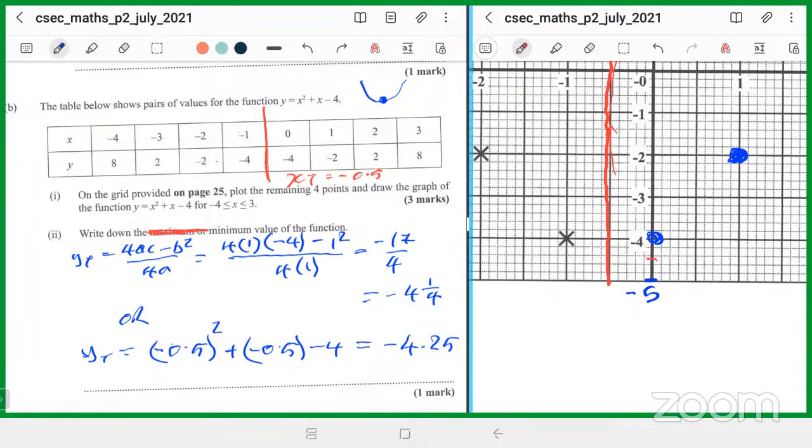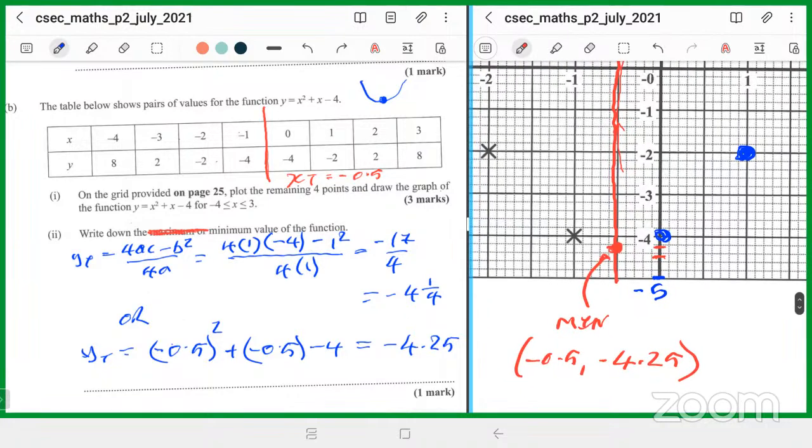Right here is -4.5. So right here is -4¼ around here. So I'm going to mark that. So this point is my minimum point, which is -0.5, -4.25. That's my minimum point right here.